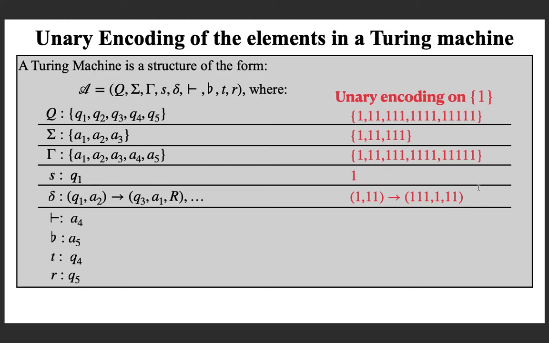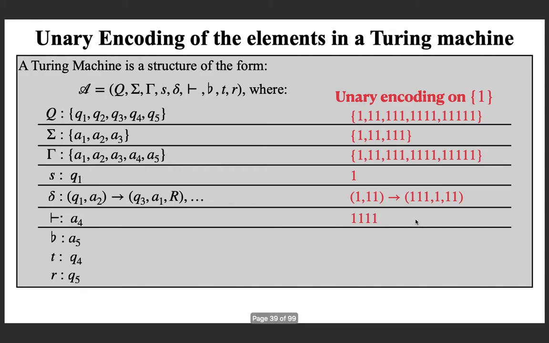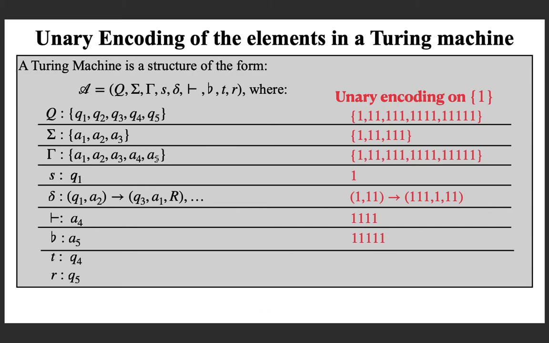This is a reversible transformation into unary, a one-to-one correspondence, easy to translate and get back. Now you are saying the left-hand marker is the 4th alphabet, that is 4 ones means the 4th alphabet here. And the blank symbol is the 5th alphabet here.